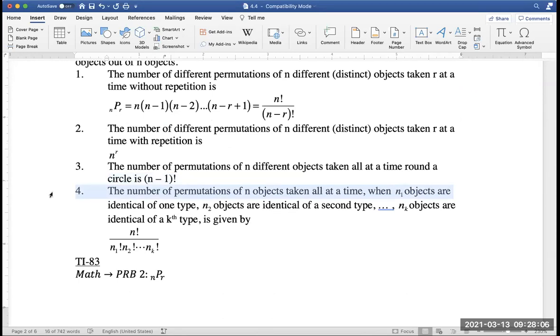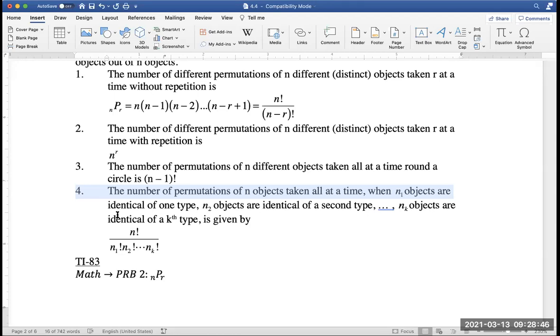Now, if instead you have k differing types of things to choose, then the number of permutations of n objects taken all at a time, with n1 objects identical of one type, n2 objects identical of the second type, and so on up to nk objects identical of a kth type, is n factorial, where n is n sub 1 plus n sub 2 plus n sub 3 plus and so on up to n sub k.